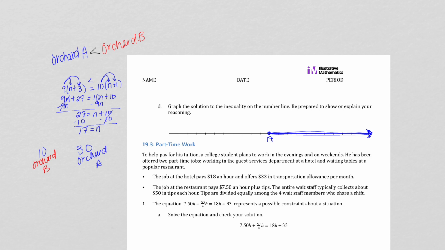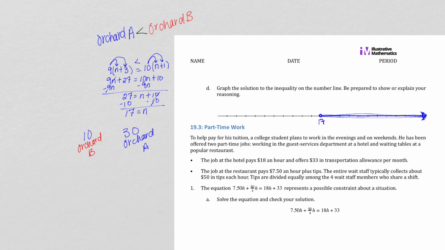So you have to make sure that you can plug in your values and determine if it's true. So that's what I was doing down here with the orchard B and the orchard A with the 10 and the 30. Okay? So for less than 10, it makes that inequality false. Less than 17, it makes the inequality false.